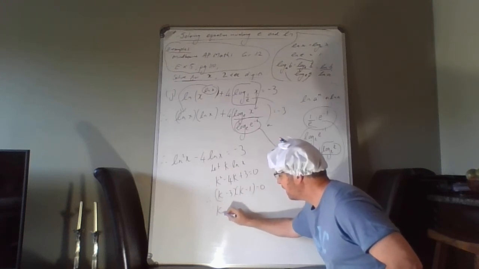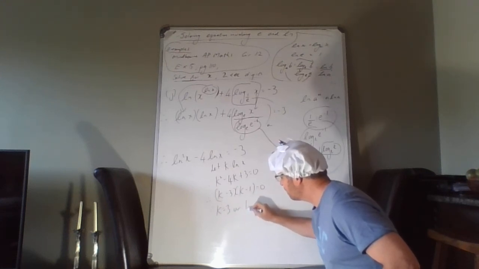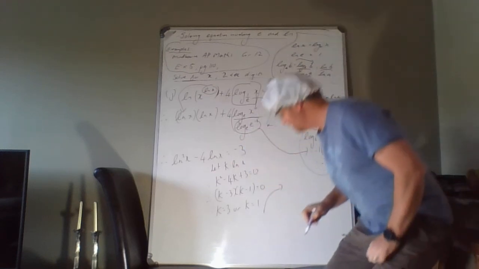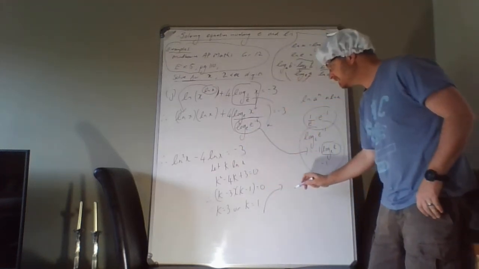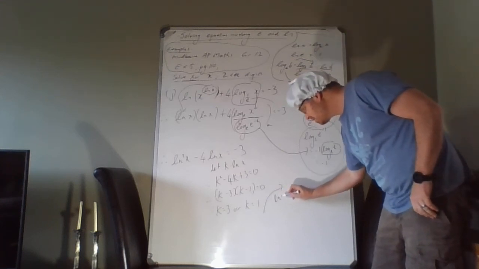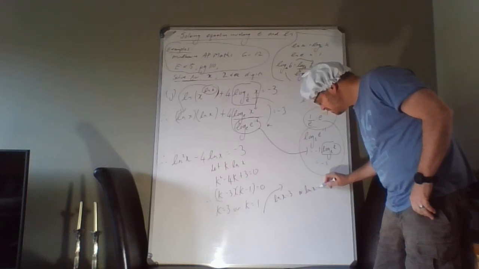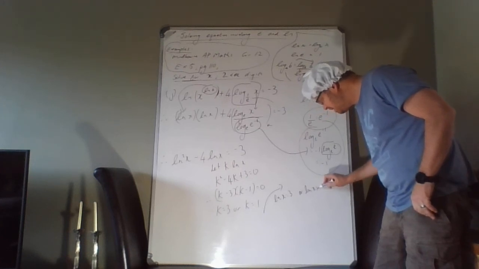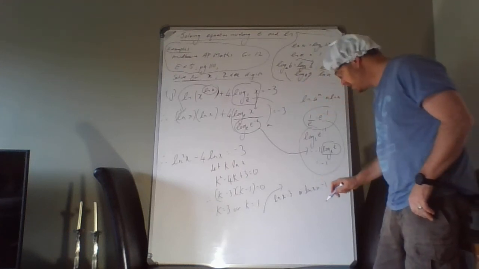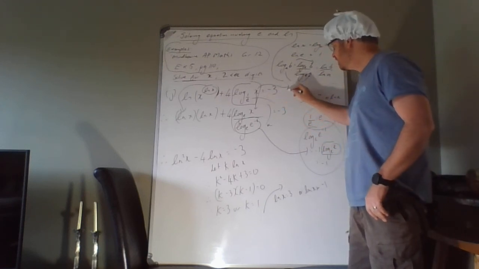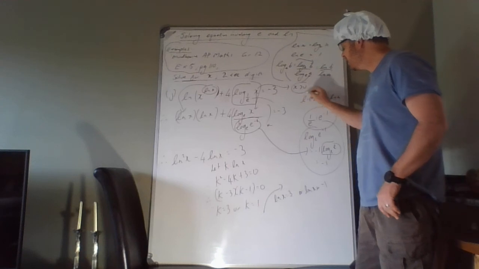So k is equal to 3, or k is equal to 1. But what is k? k is ln x. So ln x is equal to 3, or ln x is equal to 1. I should also have written my restriction: x has to be bigger than 0.